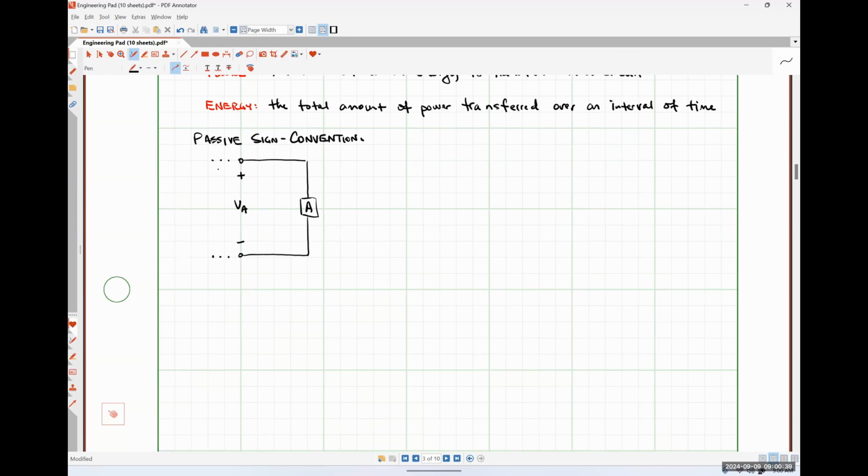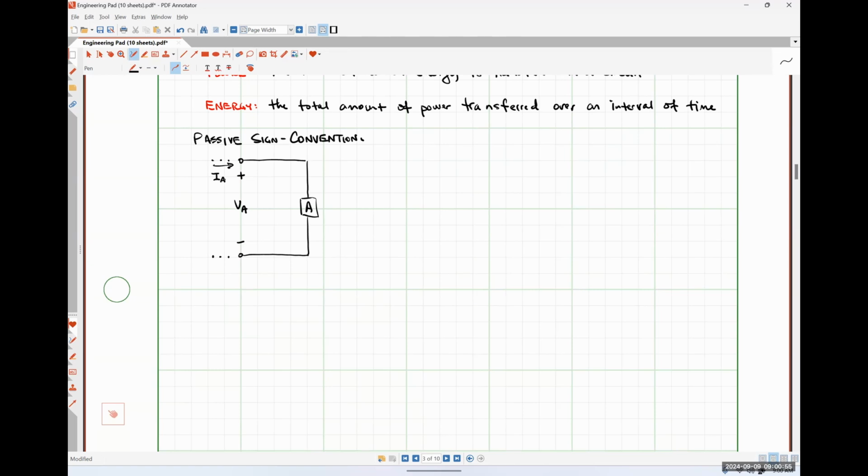And let's say that our current IA is flowing into the positive polarity terminal and therefore out of the negative polarity terminal.